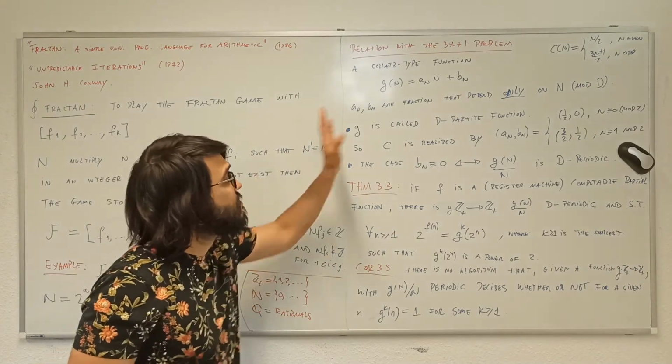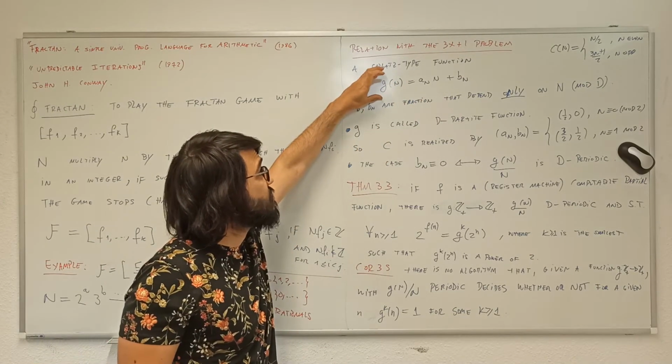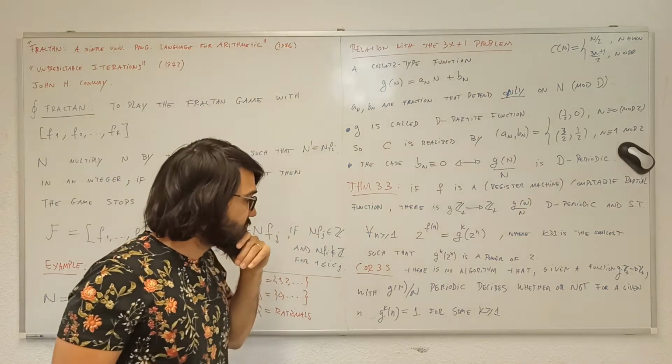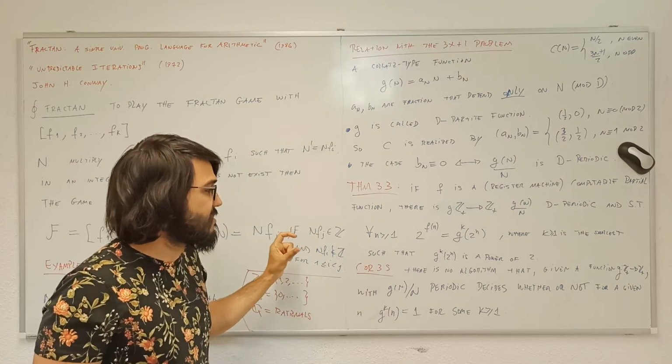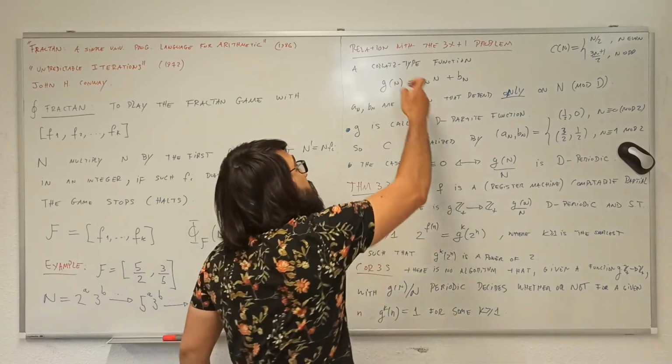But it's a subclass of all these possible generalizations of the Collatz function. And in this particular subclass, there is no algorithm. So in particular, there is no algorithm in the full class.